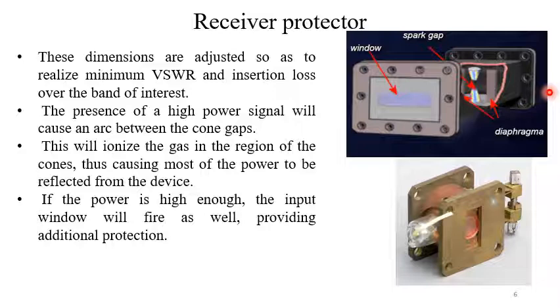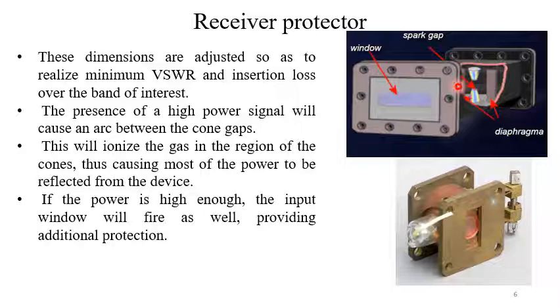This will ionize the gas in the region of the cones, thus causing most of the power to be reflected from the device. That means this one will behave like a short. So inside this chamber, if the gas is ionized, then this whole component will behave like a solid metal as far as the electromagnetic wave is concerned.